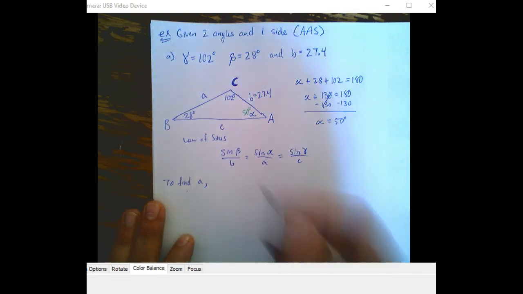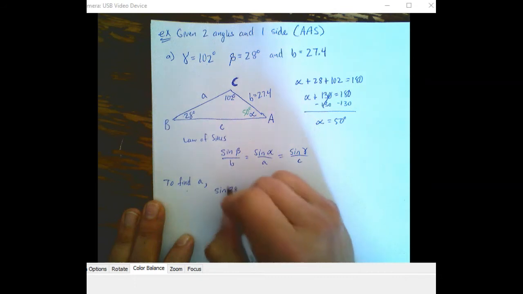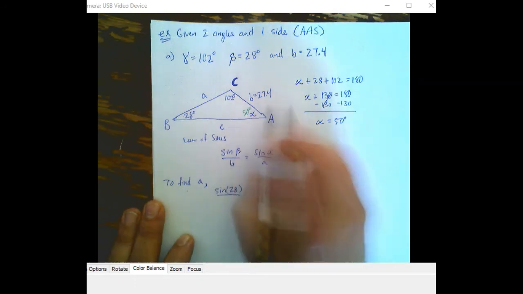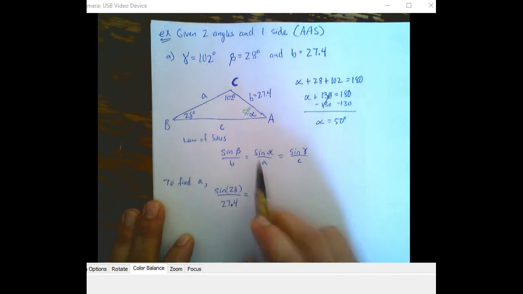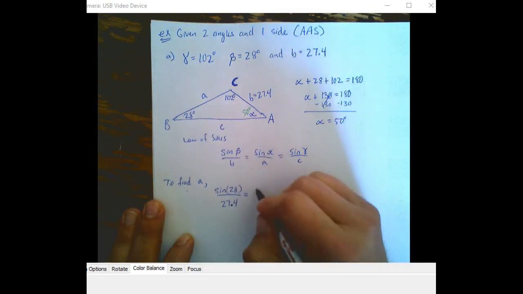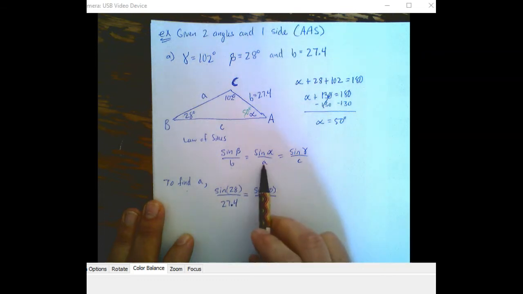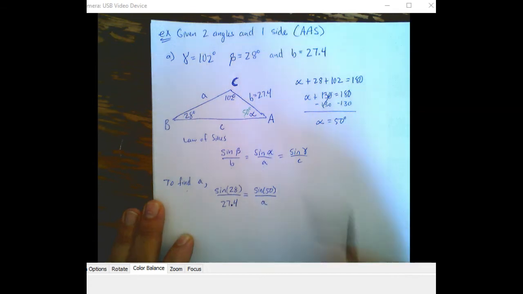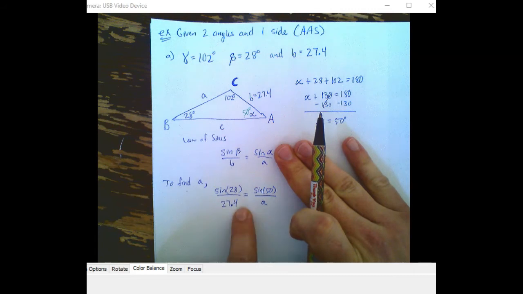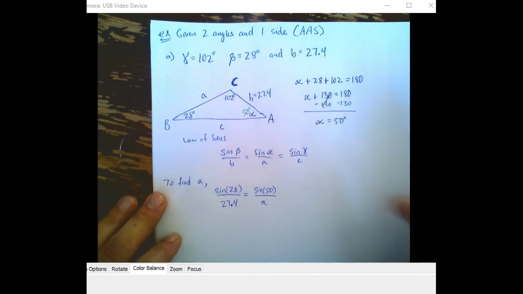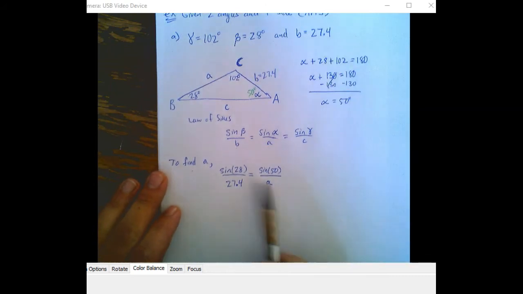The sine of beta, which is 28, over little b, 27.4, equals the sine of alpha, or sine of 50, over little a. I'm going to disregard this other ratio for now because we don't really need it. We can only solve one equation at a time. We'll come back and use this in a minute to get little c. Okay? All right, so all we need to do is just solve this.